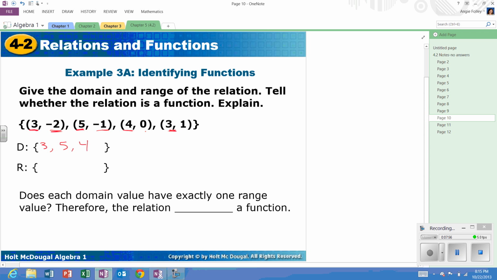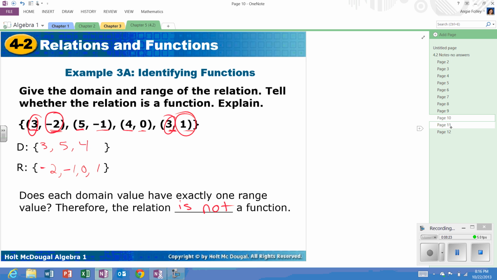Our range is all of my y values, so -2, -1, 0, and 1. Now we have to decide if this is a function. Well, the rule of a function says that I can't have a repeating x value. I can't have an x value that has more than one y value. And if you look here, I've got the x value of 3 twice, and it has two different y values. So because of that, it is not a function.